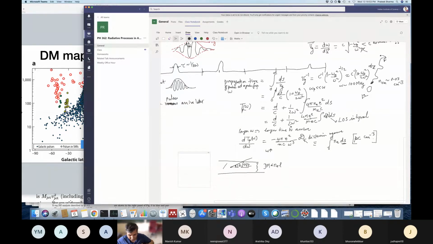What is the length? This length is h by 2 divided by cos b. So dispersion measure is proportional to Ne times h by 2 cos b.